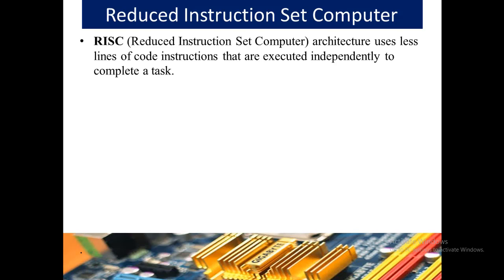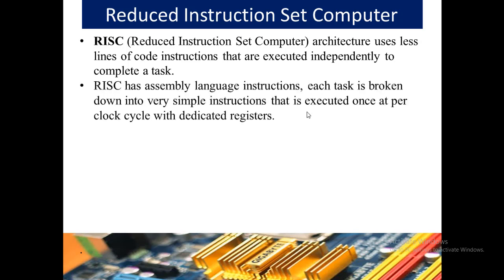So RISC architecture uses fewer lines of code, with instructions that are executed independently to complete a single task. It means this reduces the size of code as compared to CISC. RISC has assembly language instructions.